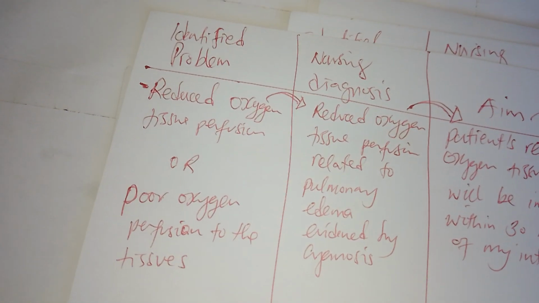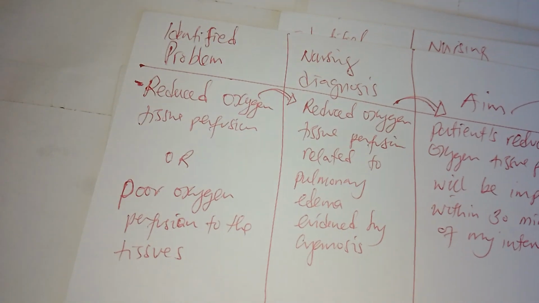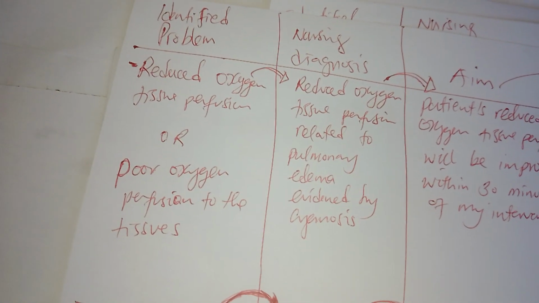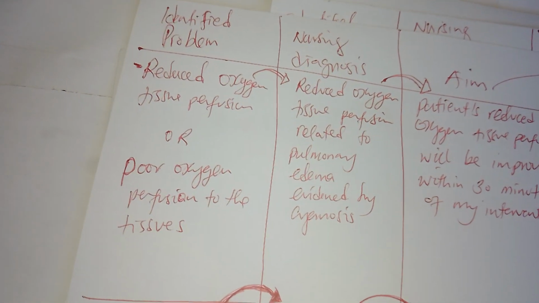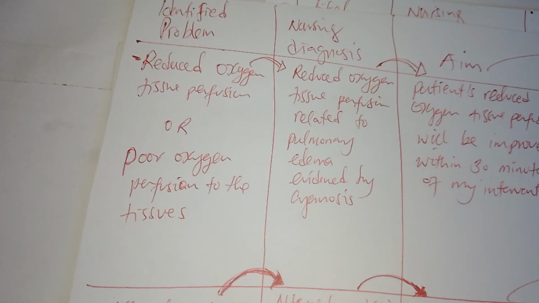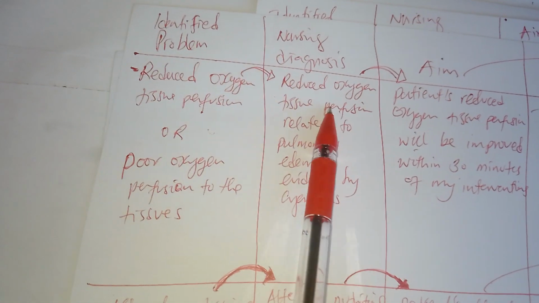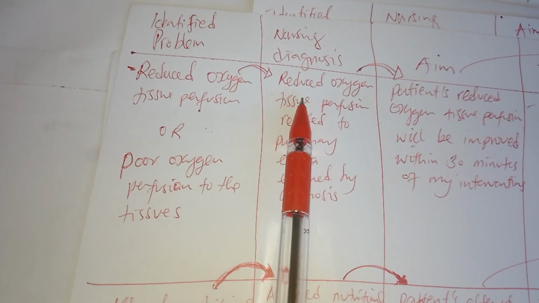Okay, so the next problem was reduced oxygen tissue perfusion, or you can write it as poor oxygen perfusion to the tissues. Like I said, you just copy paste it in the nursing diagnosis.